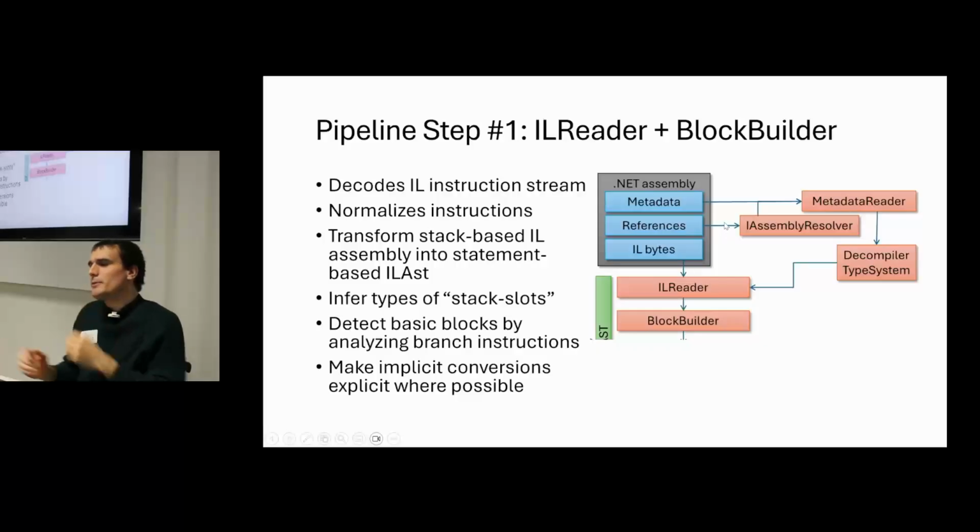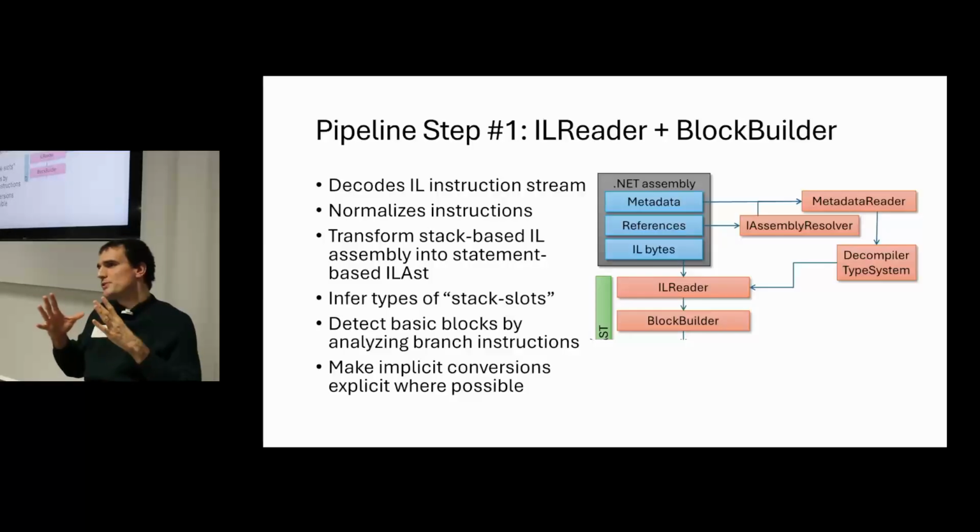The first step of the transformation pipeline is the IL reader and the block builder. So basically we decode the IL instruction stream and we normalize the instructions, because there are many IL instructions and they usually follow groups, and we decode all the different variants into one normalized representation.